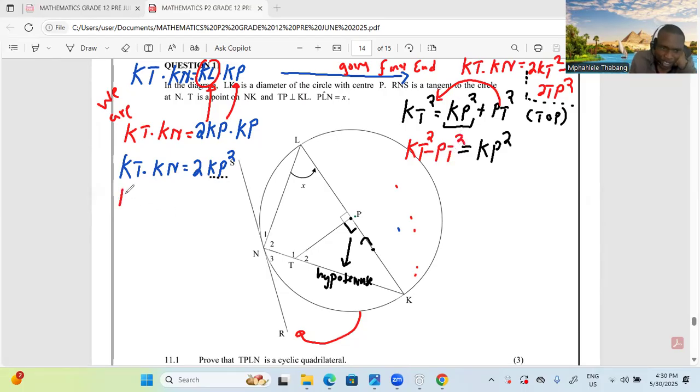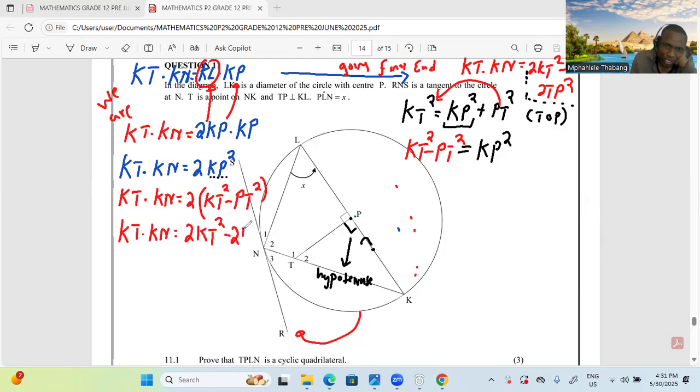So you now come here, KT times KN equals 2. You substitute your KP squared. You know KP squared is KT squared minus PT squared. So you have KT times KN equals 2KT squared minus 2PT squared.